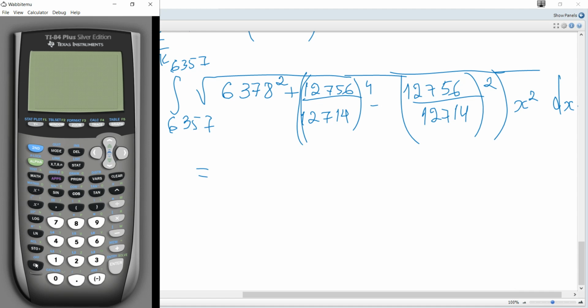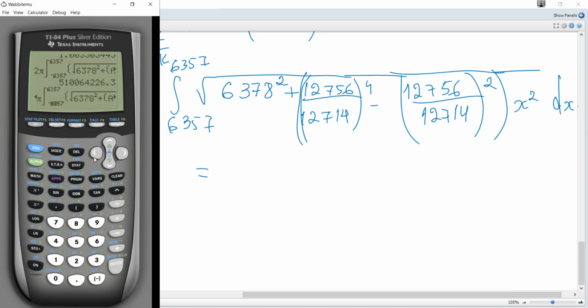And get the answer. It's this value, and it's actually just k, and for the integral we can use the answer instead of this.